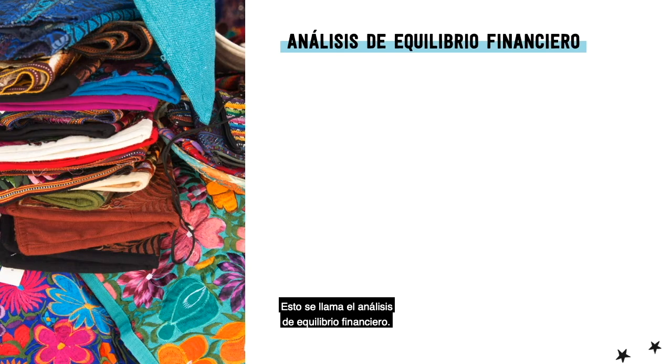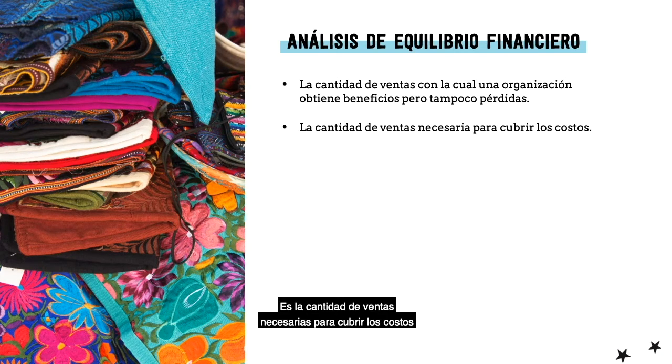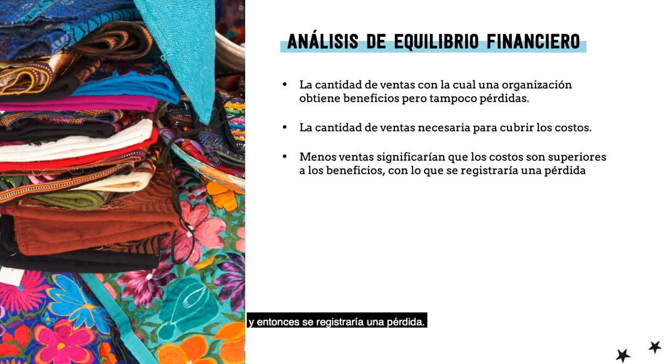So this is called the break-even analysis. The break-even point is the number of sales at which an organization or a business makes neither a profit nor a loss. So it's the amount of sales needed to cover cost for a given month. Making fewer sales than this break-even point would mean that the costs for the handmade business are higher than the revenue for this handmade business, and so a loss would be recorded.